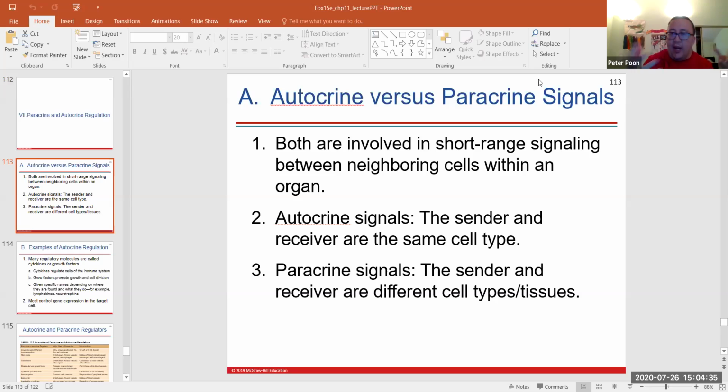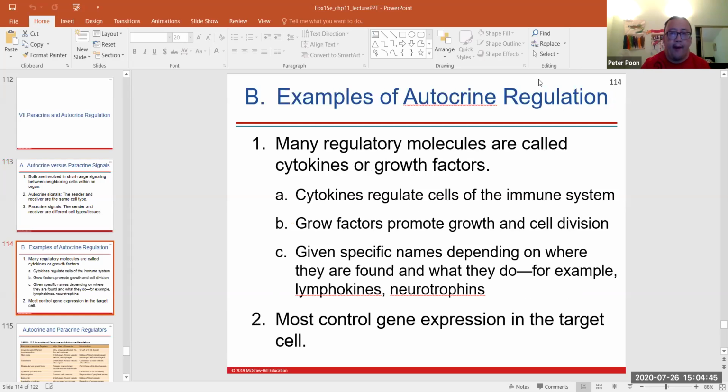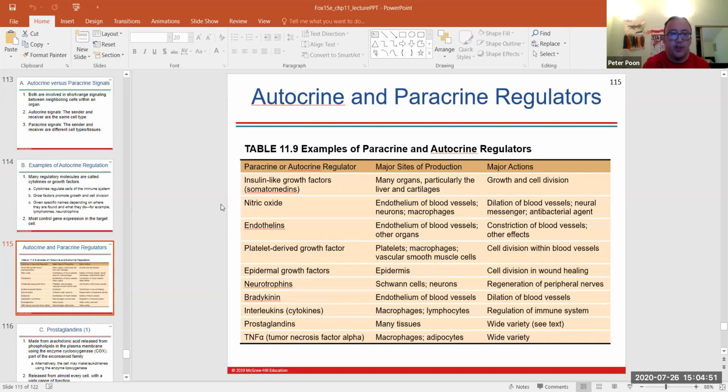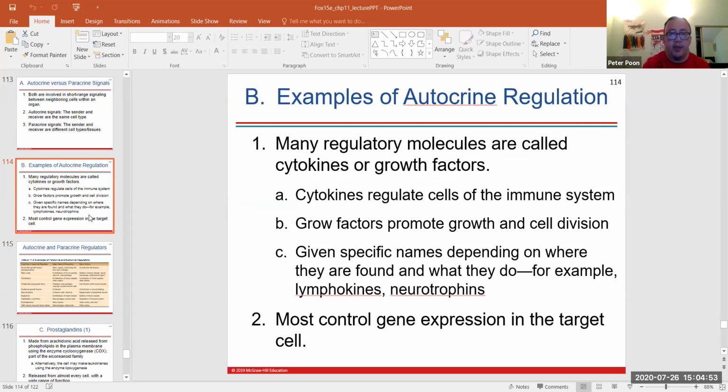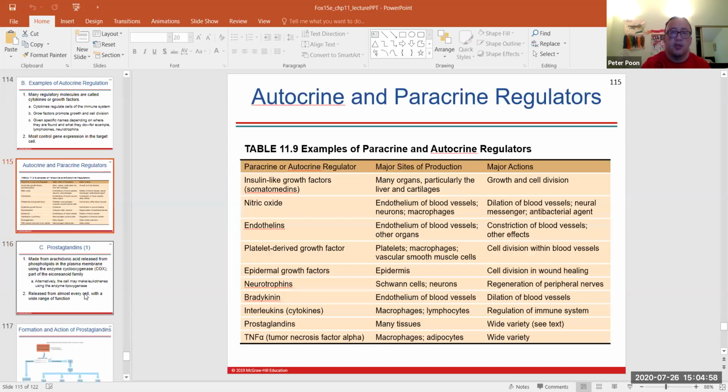It's just the neighboring cells. Autocrine is the same thing, but it's the neighboring cells of the same cell type. Again, they usually affect transcription in the target cell. You can read about all this here.